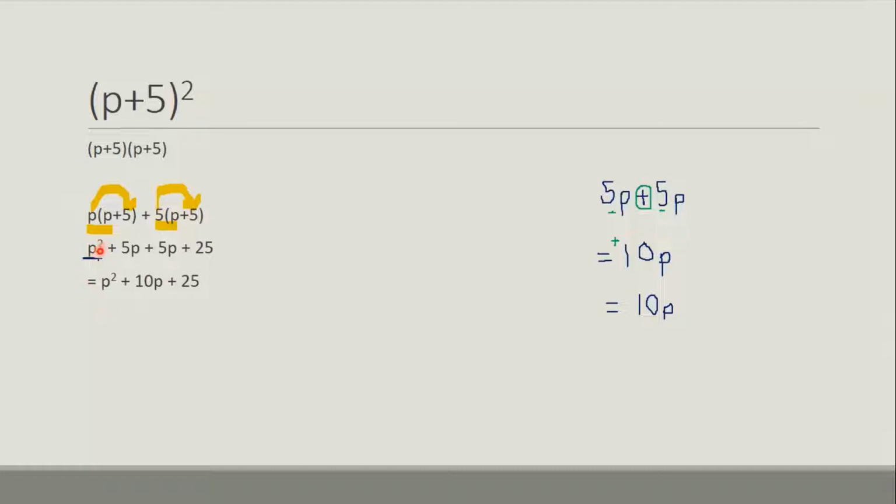So 5p plus 5p gives you 10p, since they are both positives. 5 plus 5 is 10, and then add the p at the end, which is p squared plus 10p plus 25. You leave that 25 alone because it doesn't have any other term that looks like it.